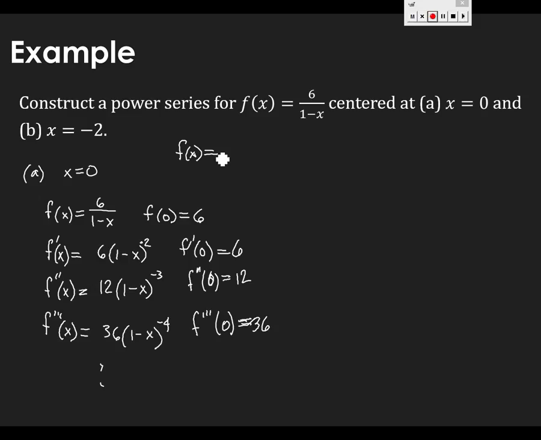It's f of x plus 6x over 1 factorial, times 12 over 2 times x squared plus 36 over 3 factorial, etc.